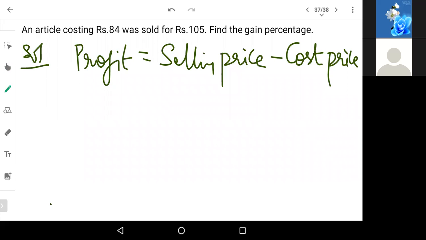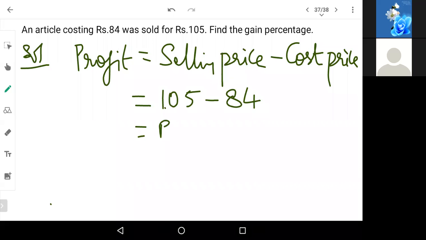So we will subtract the cost price from that. Now what is the selling price here? The product was costing 84, but they have sold at 105. Yeah, correct. That will be the profit. So the selling price is 105 and the cost price will be 84. So the difference between them is rupees 21. So therefore we understood the profit.